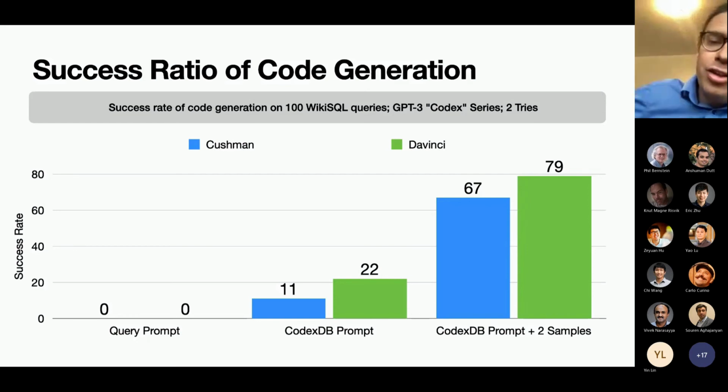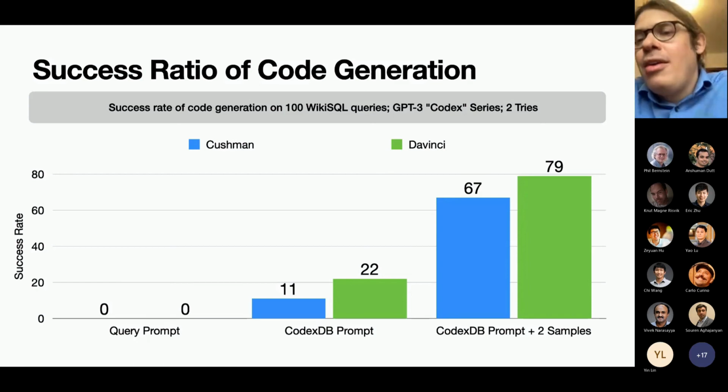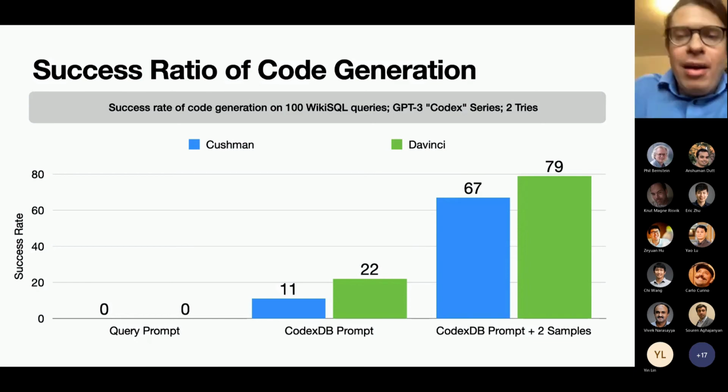So you can see that just adding 2 samples in each prompt, which are randomly selected and automatically generated, brings us to something which is still a little bit below the performance of text-to-SQL translation methods, which is not 100%, but close to 100% on this benchmark, but still to something that is within reach, I would say. So sure, there will be further improvements, I'm sure, but for this relatively simple benchmark already, we're getting some pretty interesting results, I believe.